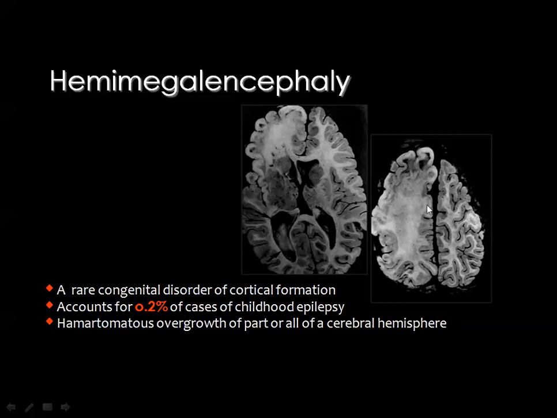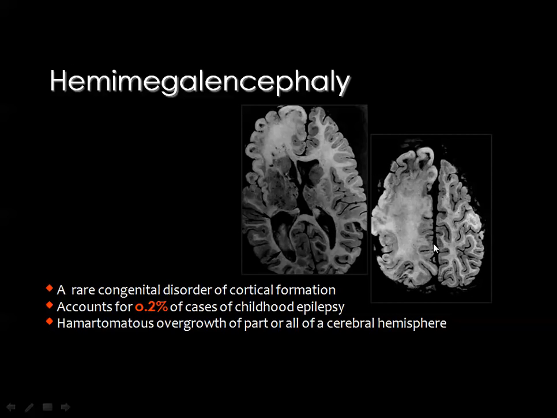And you see that this is the left cerebral hemisphere, which is good, and the right cerebral hemisphere is abnormally large, and there are abnormalities in the white matter of this hemisphere. There is thickening and broadening of the gyri.